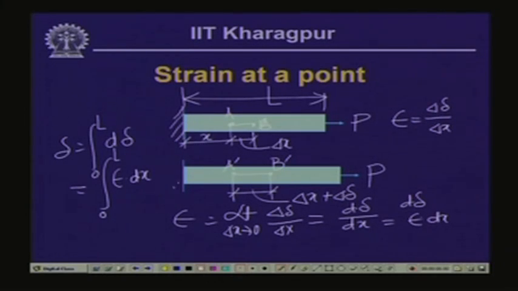If we have uniform strain everywhere, then this is equal to epsilon times integral 0 to L dx, which is L, and epsilon we get as delta by L, as we have seen earlier. If the strain is constant everywhere, it is uniform, we get delta by L. If it is not, then delta is integral 0 to L epsilon dx. And that is how we compute the strain at a point.